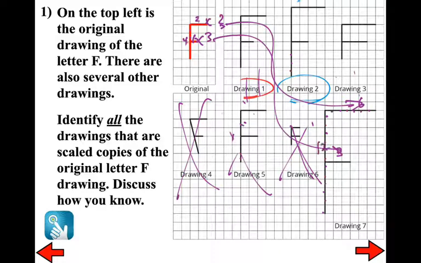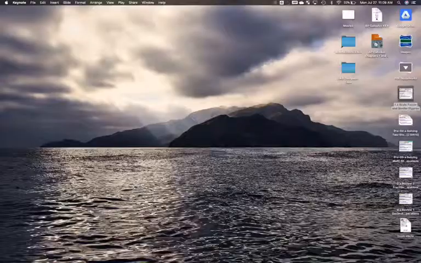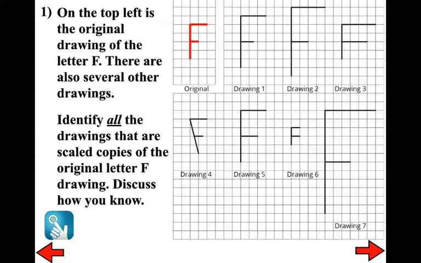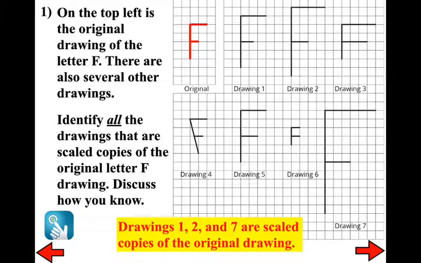This one is 12. 4 times 3 is 12. So this one also is. So it looks like drawing 1, drawing 2, and drawing number 7 are the ones that are scaled copies of the original drawing.